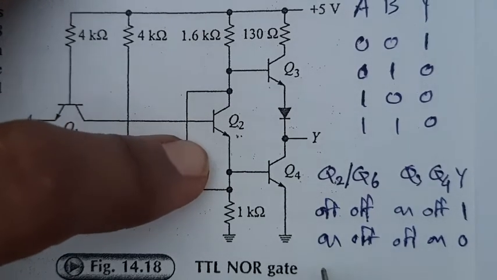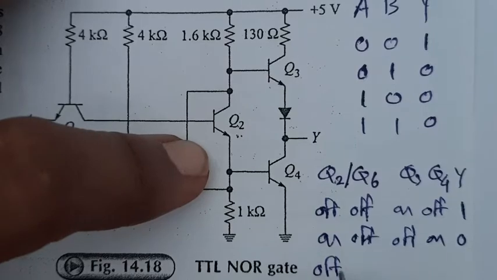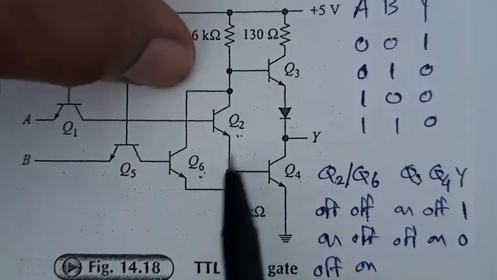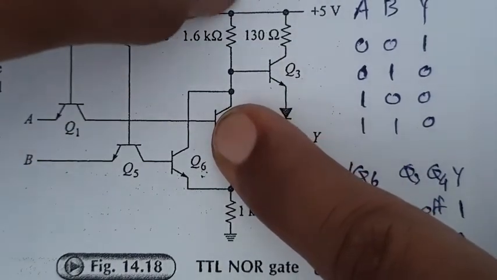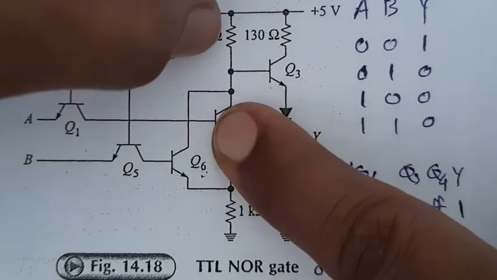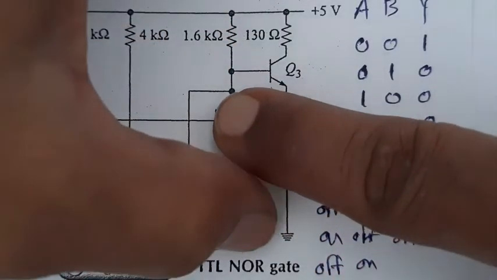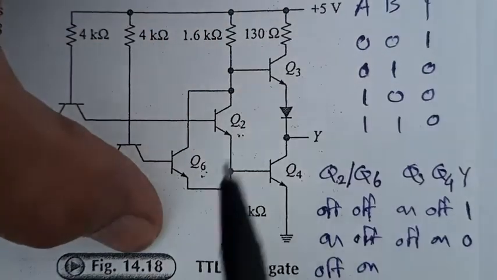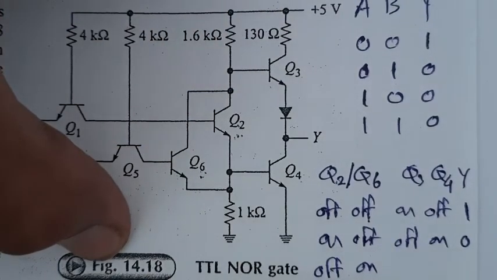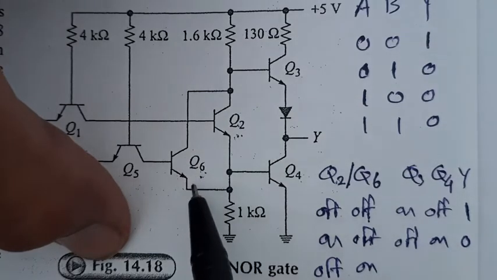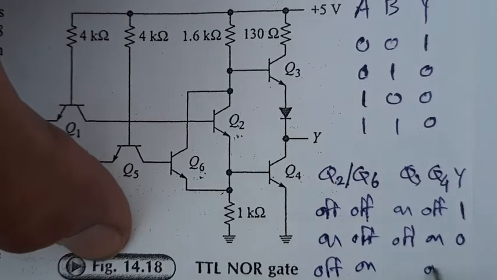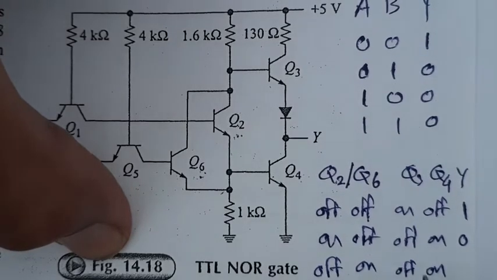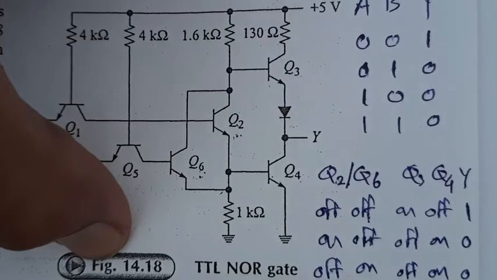The same thing will happen if Q2 is off and Q6 is on. The current will flow towards the base of Q4 through Q6. It cannot flow through Q2 because it is off, but through Q6 it makes transistor Q4 on, Q3 off and the output 0.